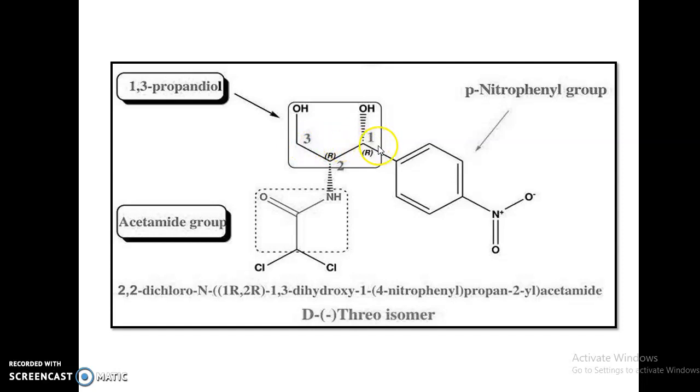Propane means there is the presence of 3 carbon atoms, and diol means there is the presence of 2 OH groups. This is one OH, this is another OH, so it is a diol group. This is the structure of chloramphenicol. It consists of 3 parts. The first part is the paranitrophenyl group, the second is the acetamide group, and the third is 1,3-propanediol.